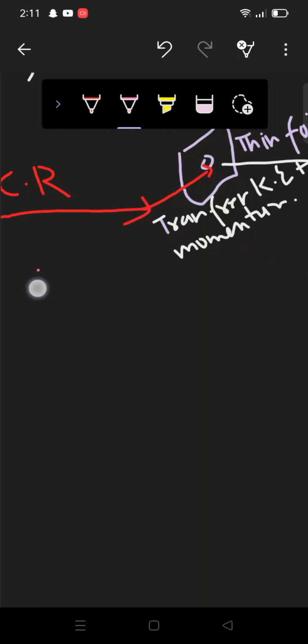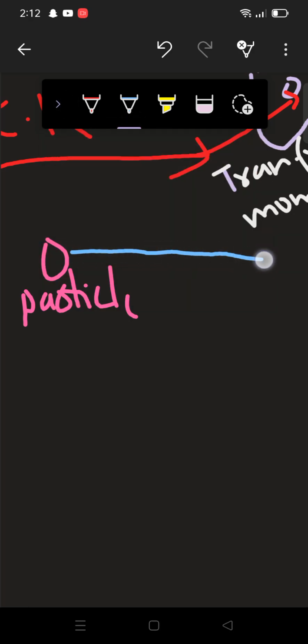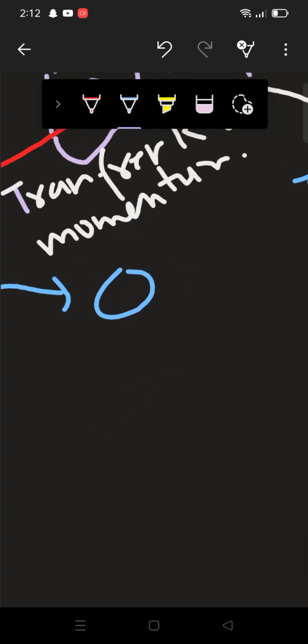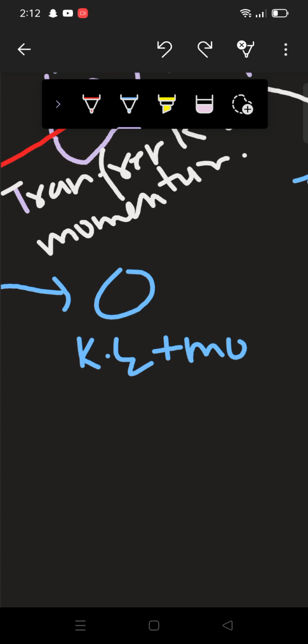For example, this is a particle. It will transfer its momentum plus kinetic energy, right? This is transferring its kinetic energy and momentum to another particle, right? I'm not writing momentum, just mentioning P, because we know that P represents momentum, right?